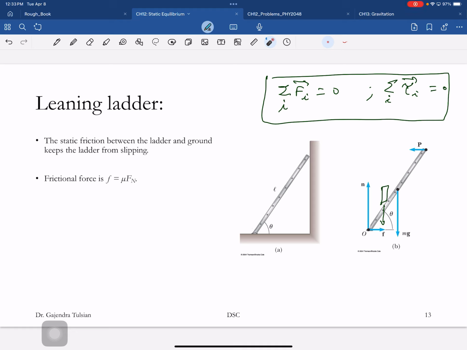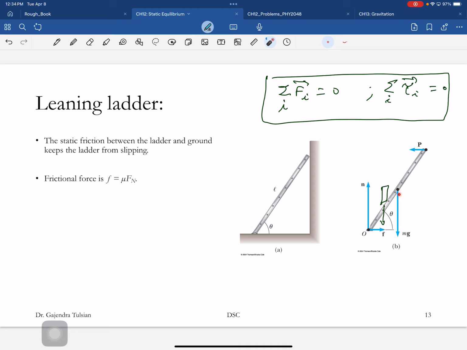For instance, this wall, assumed to be a smooth wall, applies a normal force on the ladder, and that's that force. The floor applies a normal force, and in addition, there's a friction force. What kind of friction is this? Static friction, very good. Static friction force. This is the weight of the object acting at the center of gravity of the object.